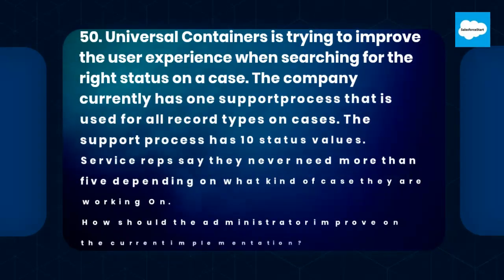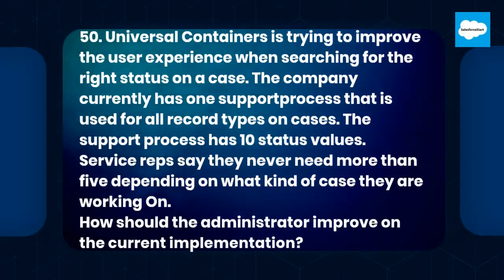50. Universal Containers is trying to improve the user experience when searching for the right status on a case. The company currently has one support process that is used for all record types on cases. The support process has 10 status values. Service reps say they never need more than 5 depending on what kind of case they are working on. How should the administrator improve on the current implementation?